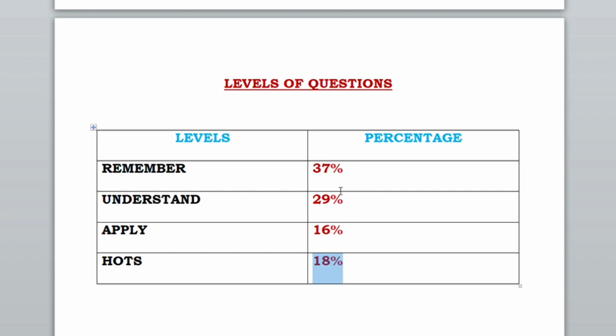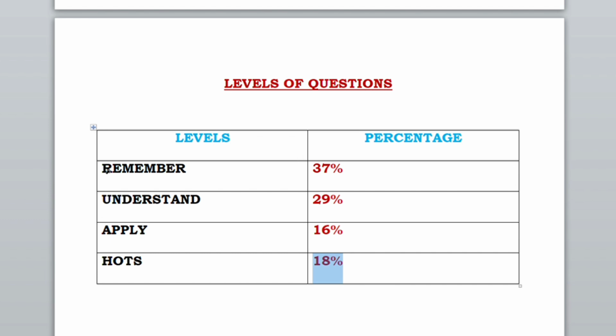You can analyze that the majority, remember level and understand level, will be at most 65 to 67%. The remaining 15 to 18% will be application and HOTS. So in general I can say 60% moderate questions and 40% difficult level questions. This is how the questions will be set in your question paper.